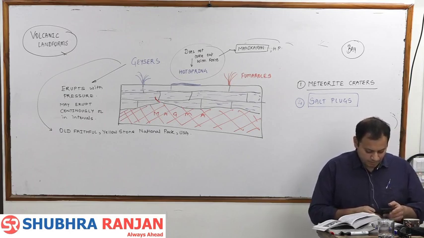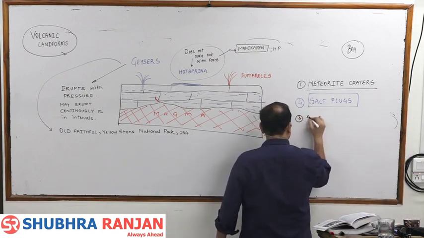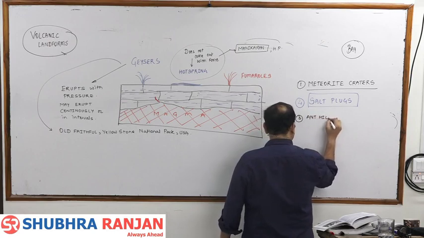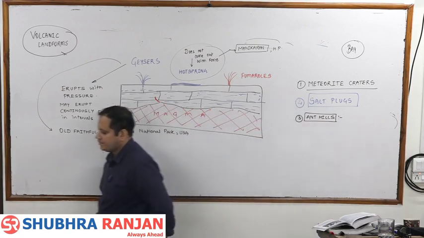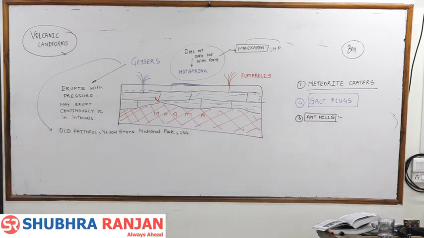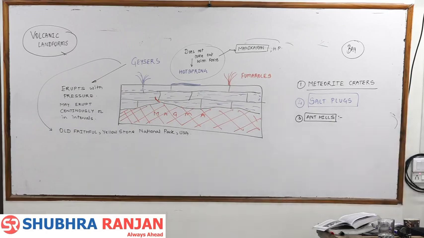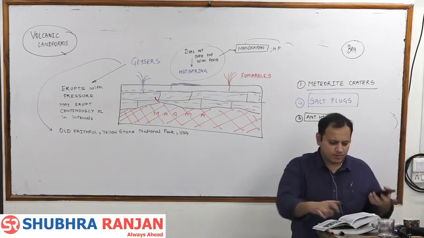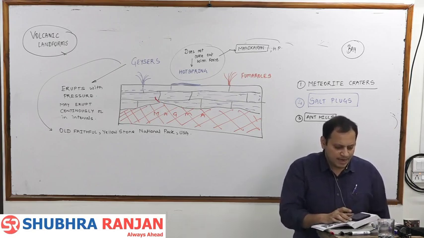Third point, ant hills, which are formed by the ants, are similar to ash and cinder cones.